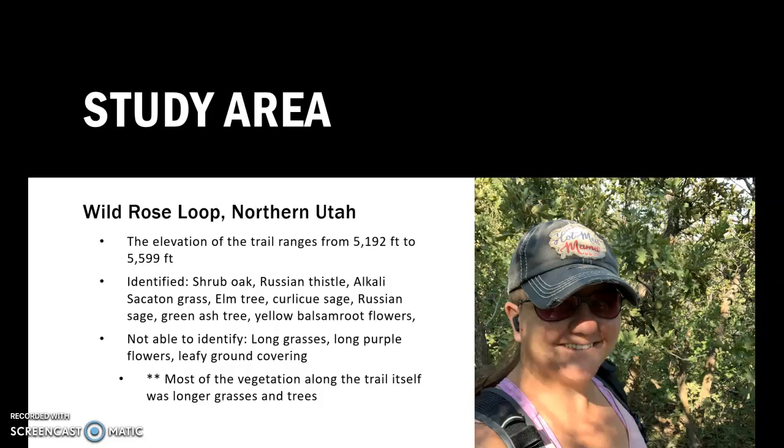Some other things that I wasn't able to specifically identify were quite a few of the long grasses, tall, thin purple flowers, and lots of leafy ground coverage all over. Most of the vegetation along this particular trail is mostly just longer grasses and trees.